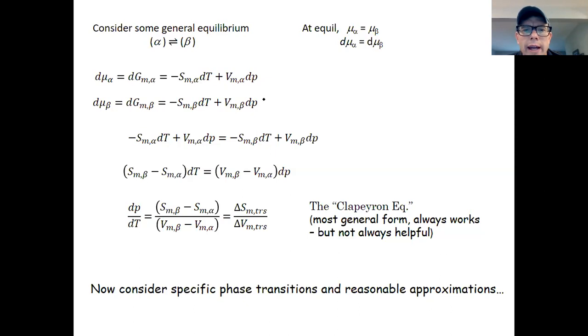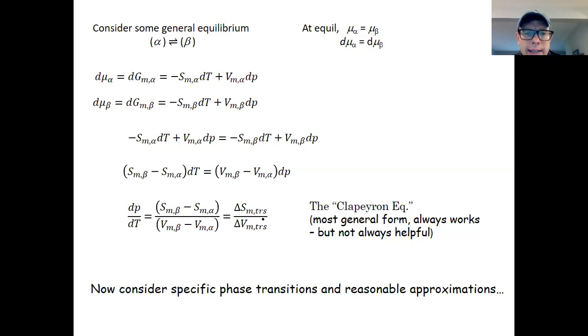Because these are equal at equilibrium, I can set them equal to one another. I'm then going to group all of my dP terms on the right-hand side and my dT terms on the left-hand side. So that brings this alpha over here, and it brings this beta over here. Now I simply use this equation to derive an expression for dP/dT.